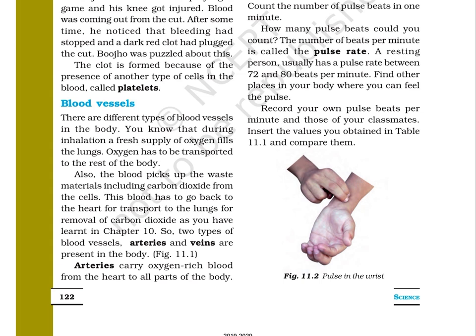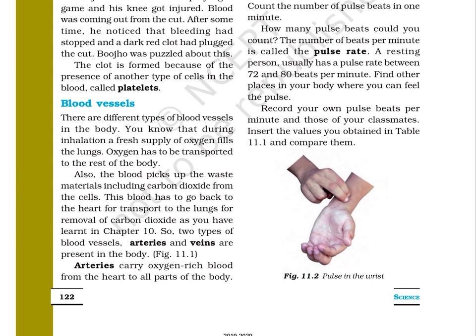Blood vessels. There are different types of blood vessels in the body. You know that during inhalation, a fresh supply of oxygen fills the lungs. Oxygen has to be transported to the rest of the body. Also, the blood picks up the waste materials, including carbon dioxide, from the cells.